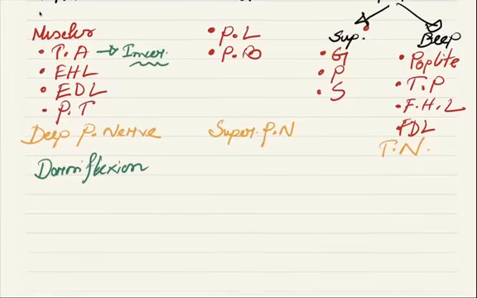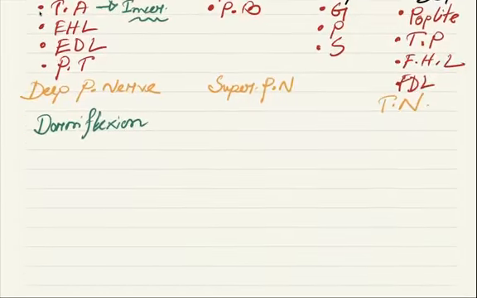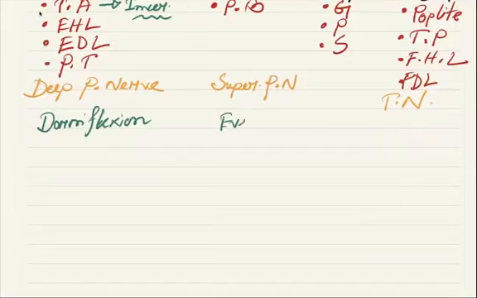The lateral group of muscles is responsible for eversion of the foot at the subtalar joint.